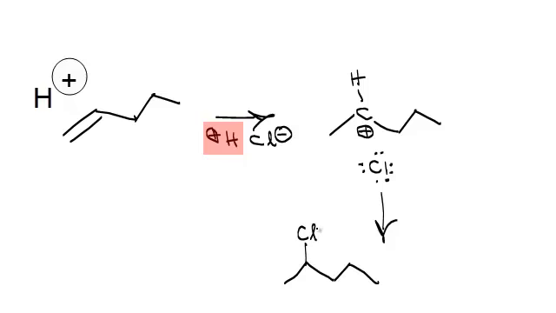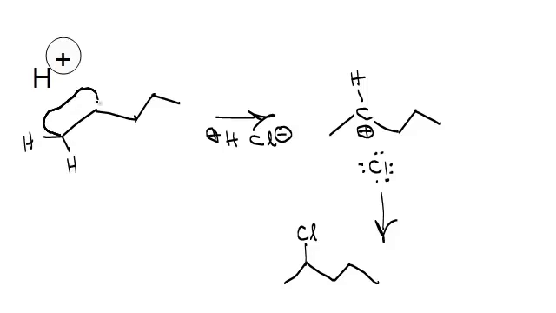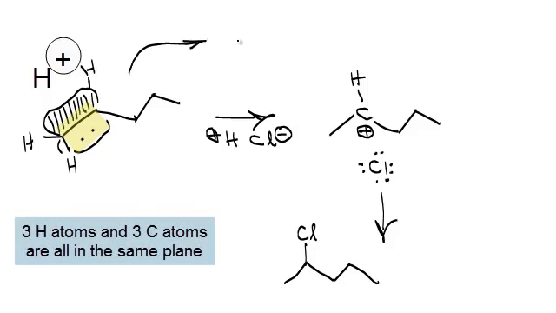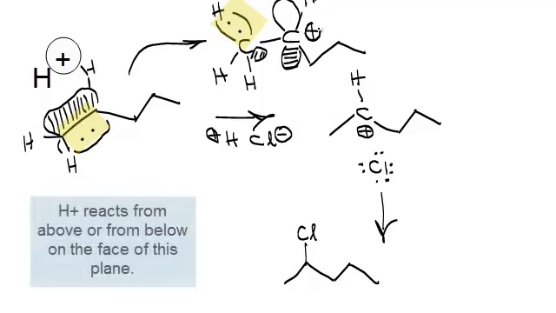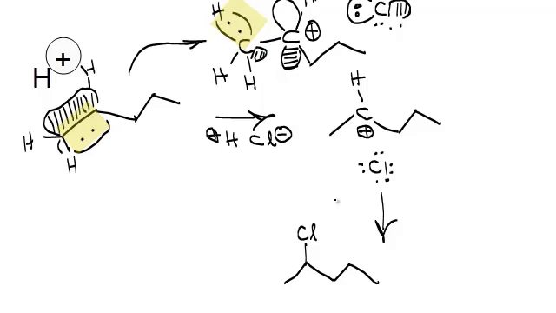Sure, the pi bond is reacting, but we have to think in terms of molecular orbitals, and the proton reacting on the face of the carbon-carbon double bond with the pi orbitals in a head-on fashion to make a sigma bond between carbon and hydrogen, and then the chloride atom can make a counterattack onto the electron-deficient carbon atom and form a sigma bond between carbon and chlorine.